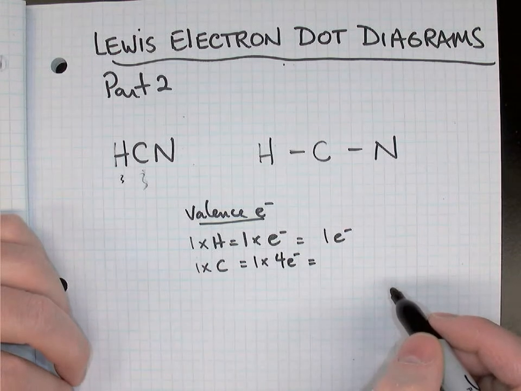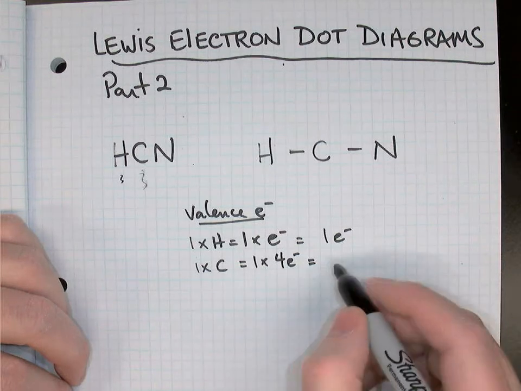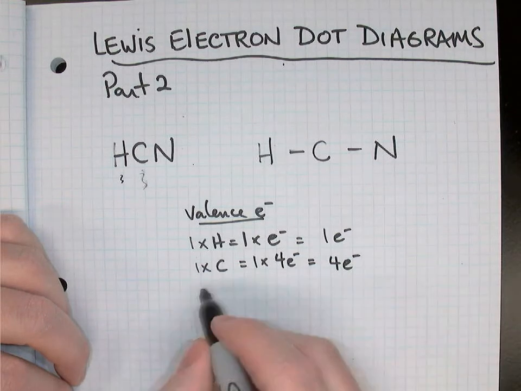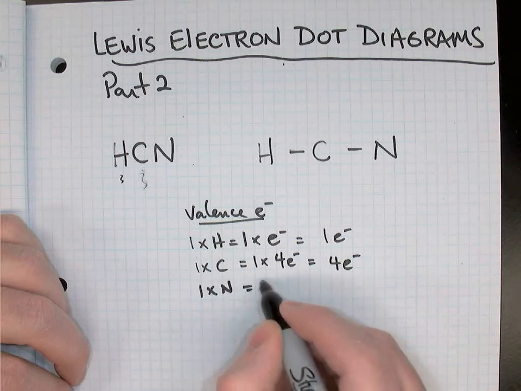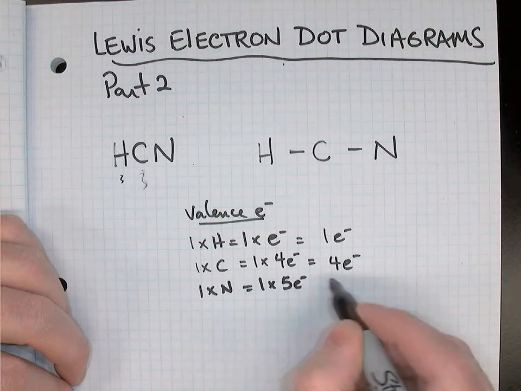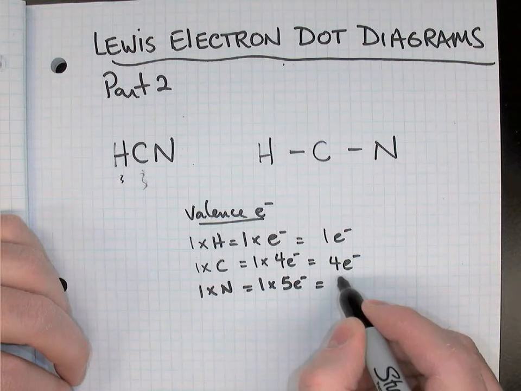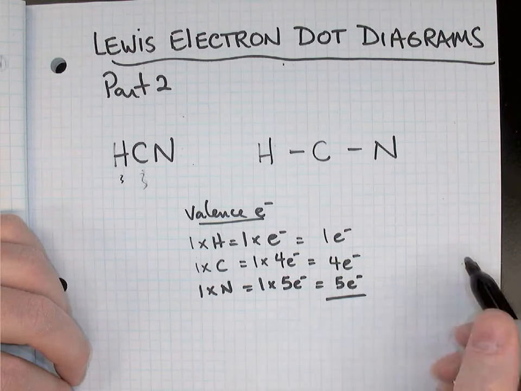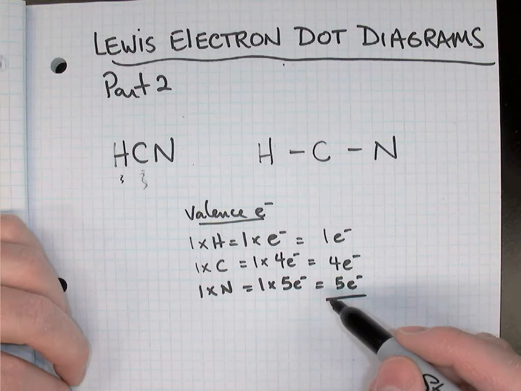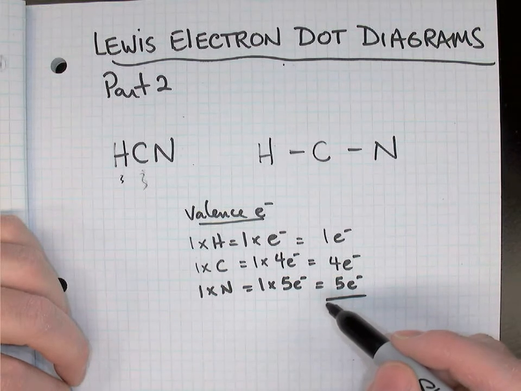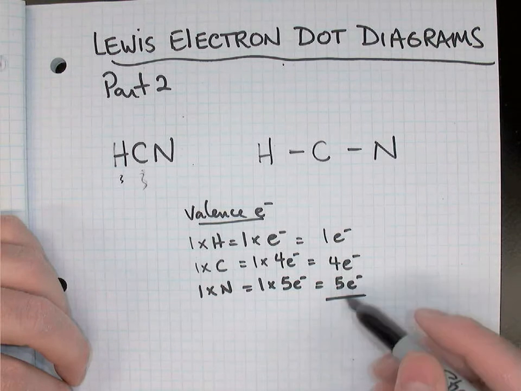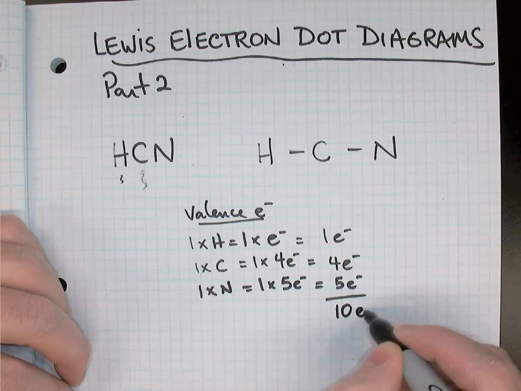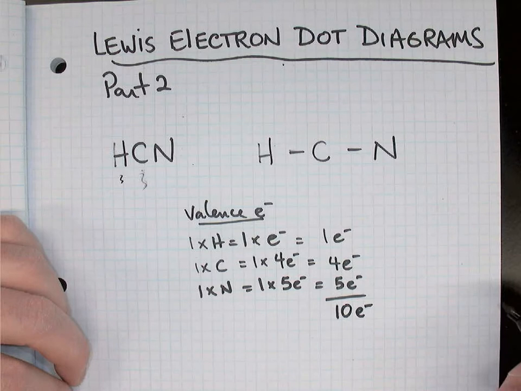Their electron configurations end in s2p2, so there's 4 valence electrons. So 4 electrons total from carbon. And then we have one nitrogen atom, which brings 5 valence electrons. I'm looking at the periodic table when I'm determining how many valence electrons there are per atom. Nitrogen's configuration would end in s2p3, so it's got 5 valence electrons. So we have a total of 10 electrons to play with in this molecule.